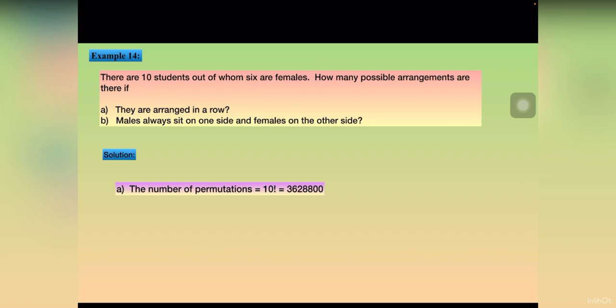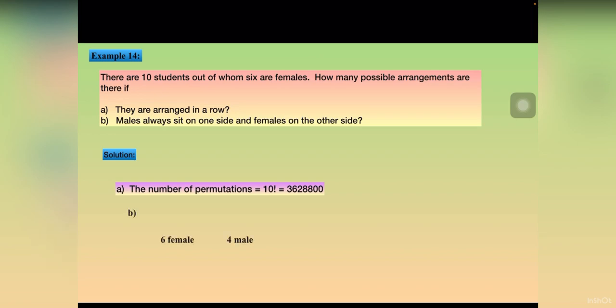The number of permutations altogether is for 10 students arranged in a row. No conditions are imposed here, so this is general, they can sit anywhere. So the number of permutations is 10 factorial, which equals 3628800.